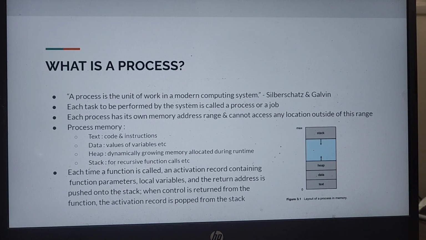Every process has some data which it is allowed to access, which it will be required to access, and it should be given access to the memory locations containing that data and not to any other memory location outside of this range. So let's say you have two processes, P1 and P2, and P1 requires data which lies in the range 1001 to 1010 on your computer.